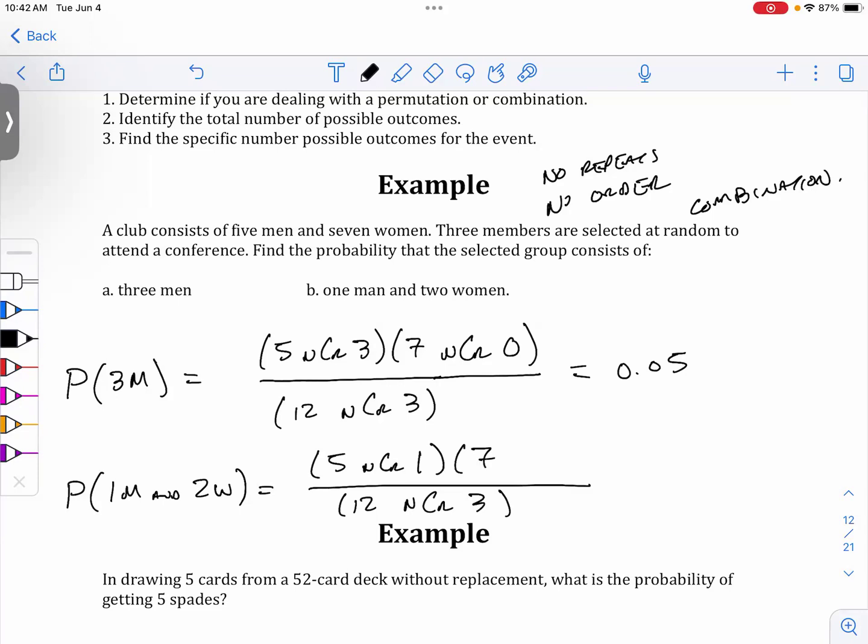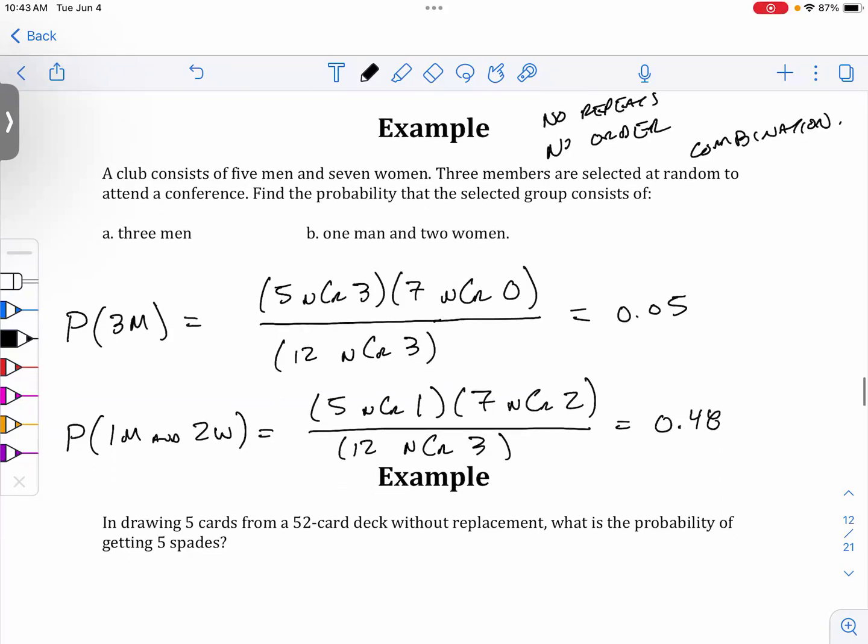And of the 7 women, I'm selecting 2. And that gets us 48%. So again, just very similar to our counting techniques. In order to make probabilities, we have the possibilities that we're interested in divided by the total possibilities.